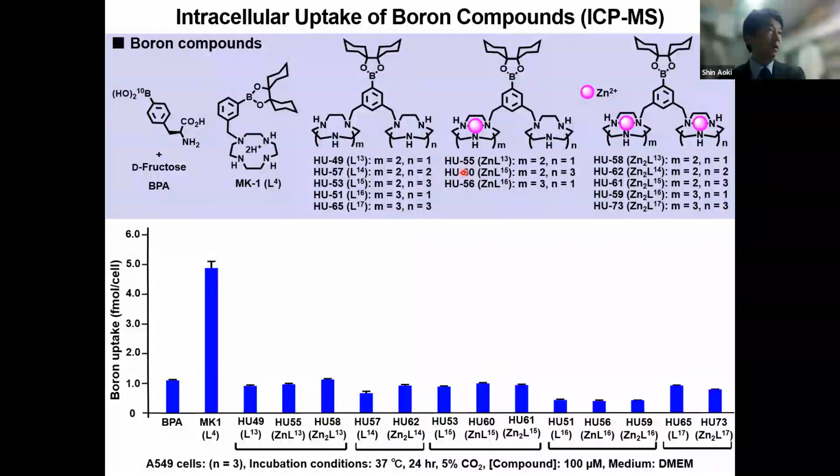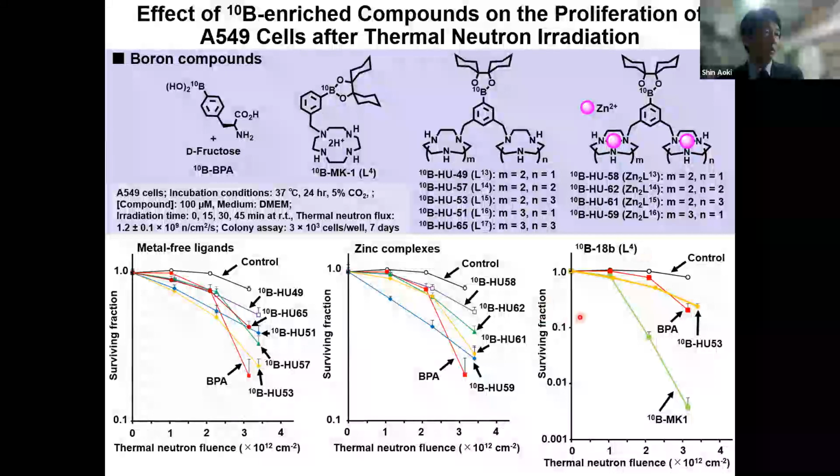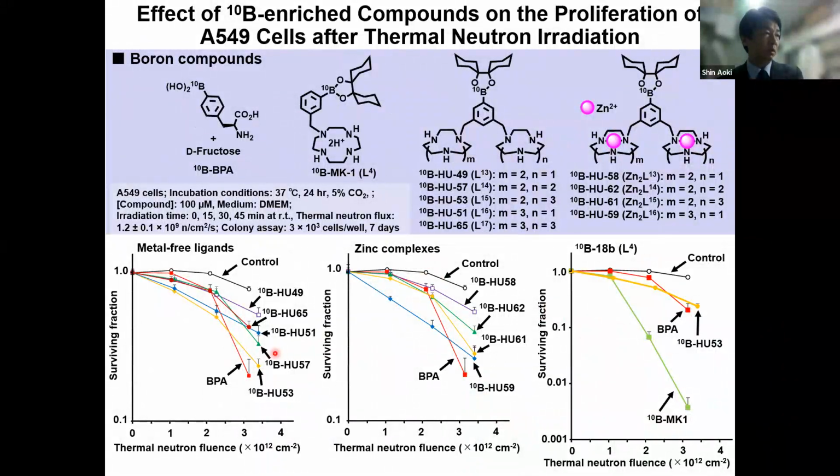The intracellular uptake of the dimeric gene complex was measured, but unfortunately, the intracellular uptake of these compounds was much lower than the monomeric gene complex, the monomeric boron compound. Besides, the BNCT effect of these dimeric metal-free ligands and the gene complexes of the dimers was much weaker than the monomeric compounds, unfortunately.